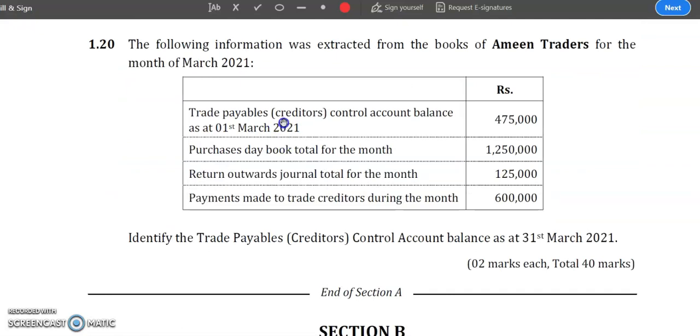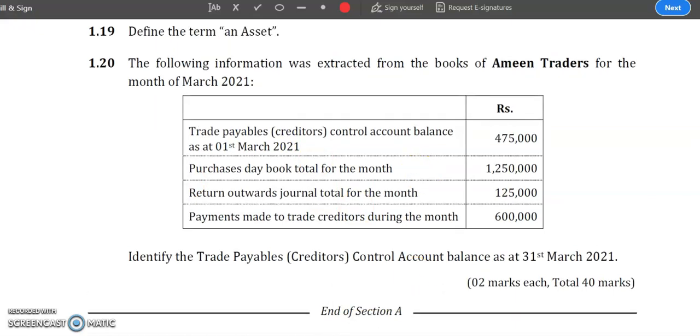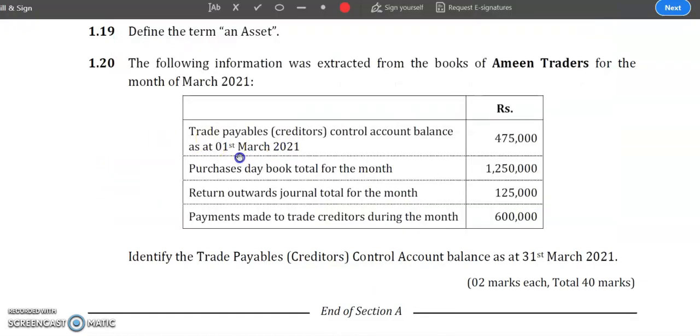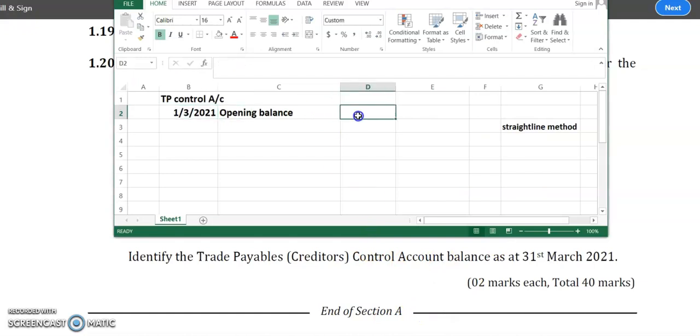Question number 1.20. Let me do it in Excel. Alright, let us do this question in Excel. The opening balance, it's a trade payables control account. On 1st March 2021, there is an opening balance of 475,000.